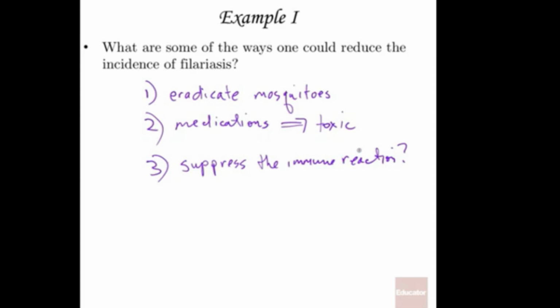Or if it's not that extreme, we could potentially administer some mild immunosuppressive drugs and move the relationship into one that's more commensal, and then potentially there could be coexistence. Or, if we wanted to make a difference in relationship to the whole community, then we would think about eradication of mosquitoes.